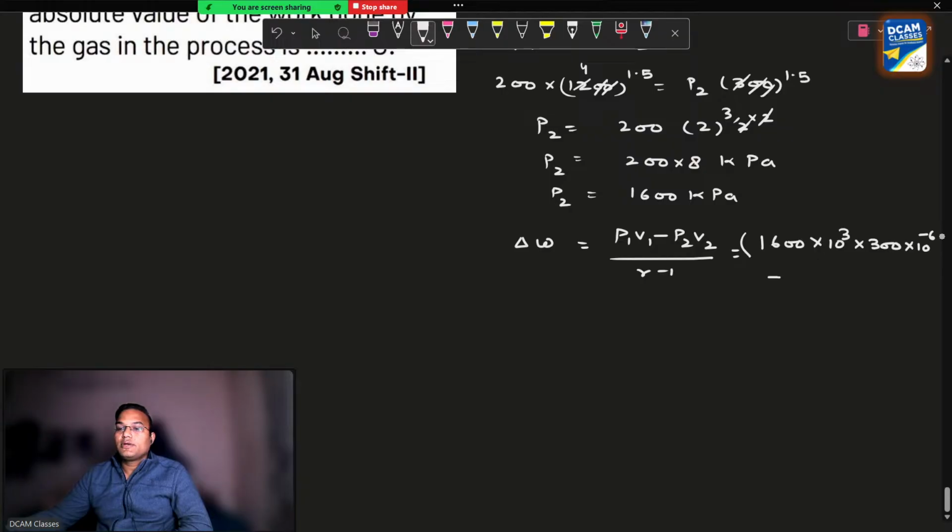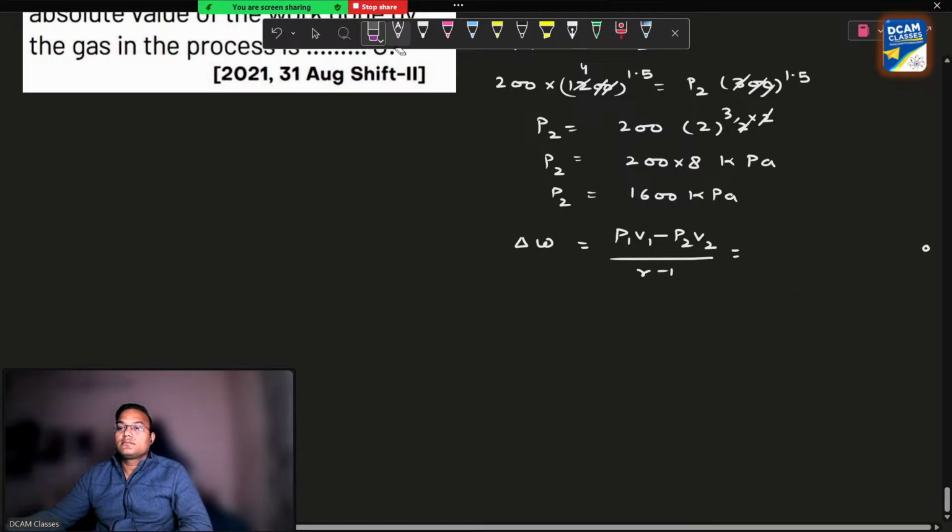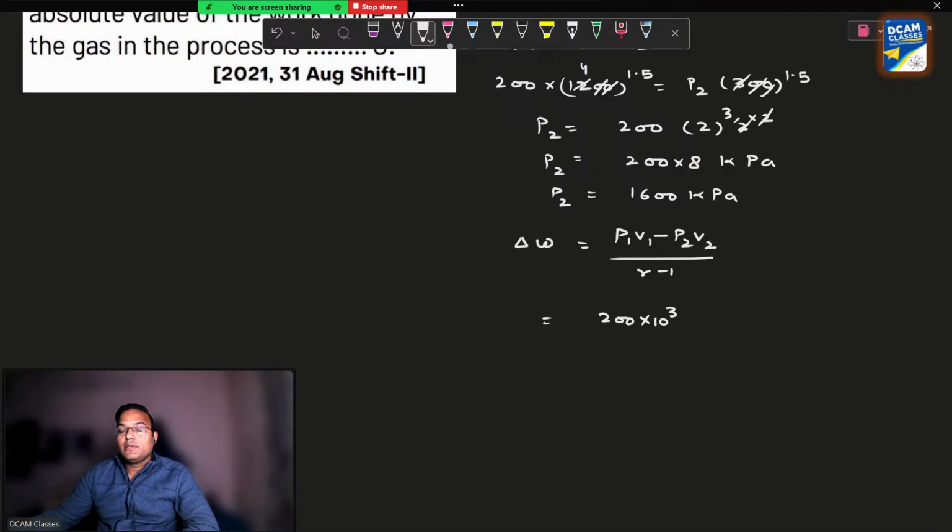Minus, what is P2 V2? Arey yaar, what have I done. Let me write it below. P1 is 200 into 10 power 3, in Newton per meter square, okay.